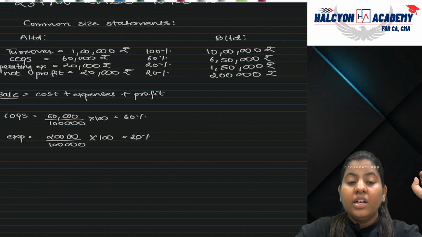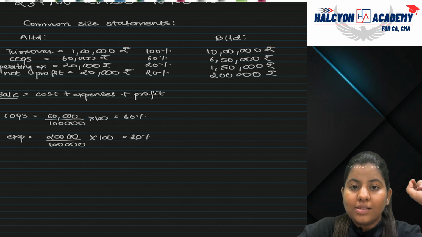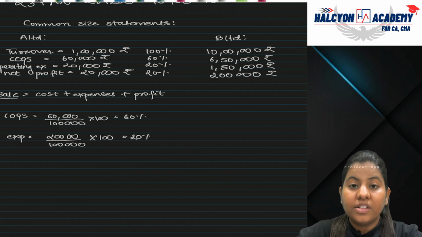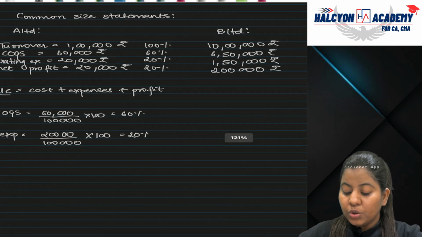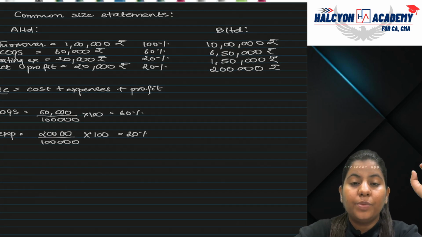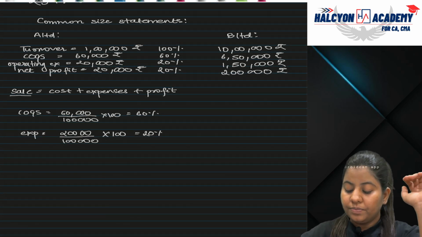A Limited is a small company with less turnover, but B Limited is a larger company with 10 lakh rupees as turnover. B Limited has 10 times the turnover of A Limited. So how can you say just by watching the figures that B Limited is better? No, we cannot say that.